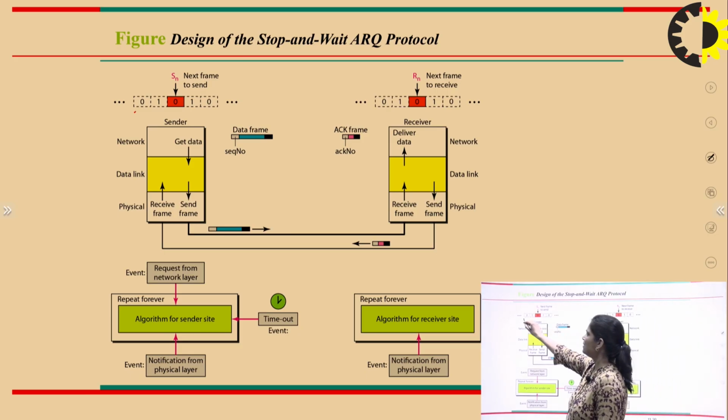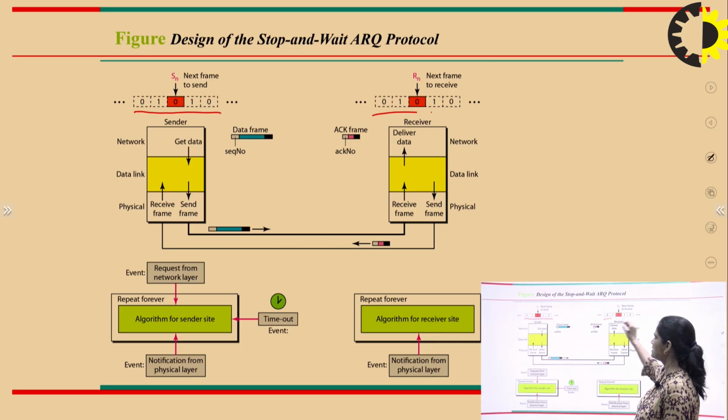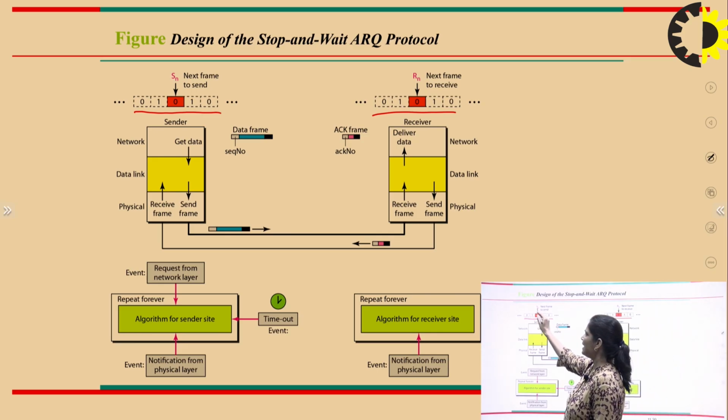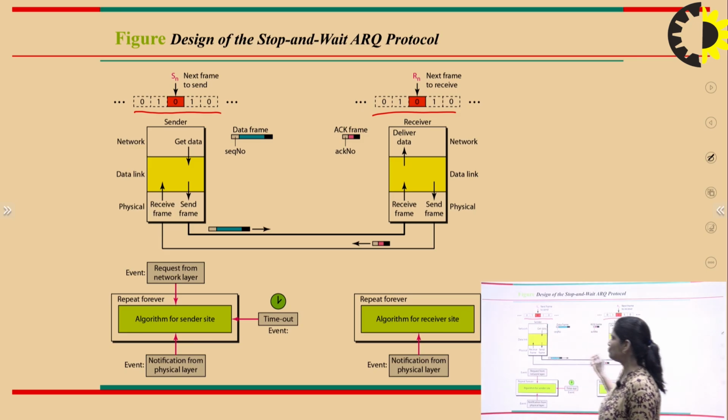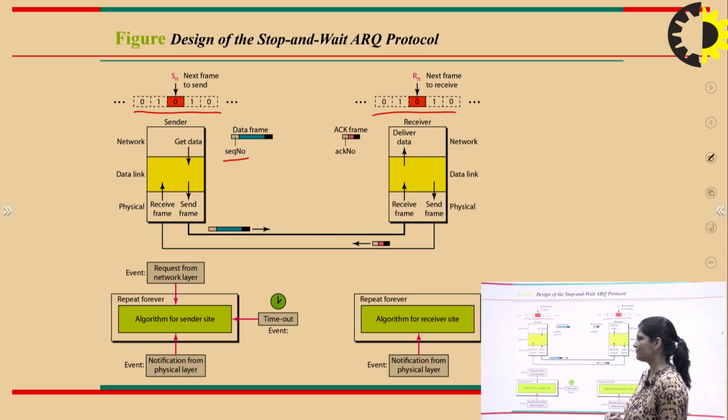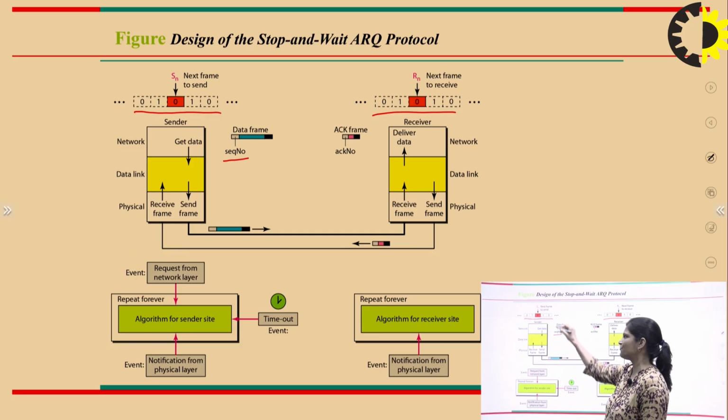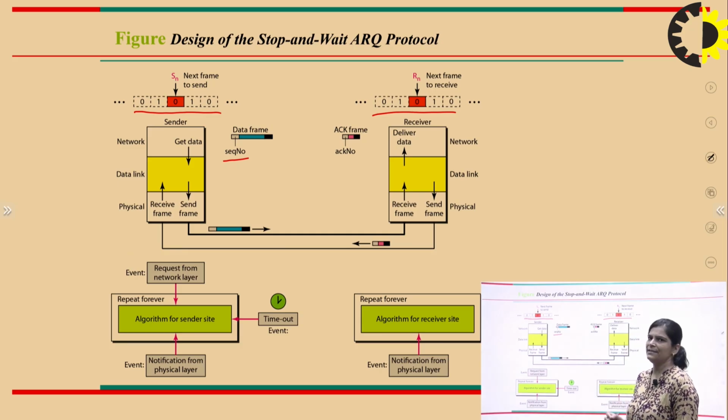If we are sending SN, it means we are sending this frame 0 from sender to receiver, and we are also sending the sequence number of this frame. This 0 is received at the receiver, then the receiver will send the acknowledgement for this frame only, and only then can we send the other data.